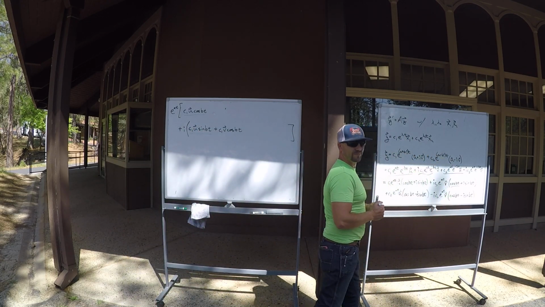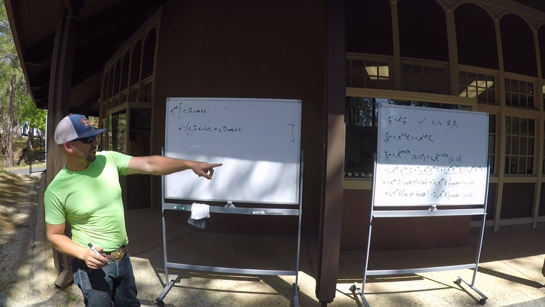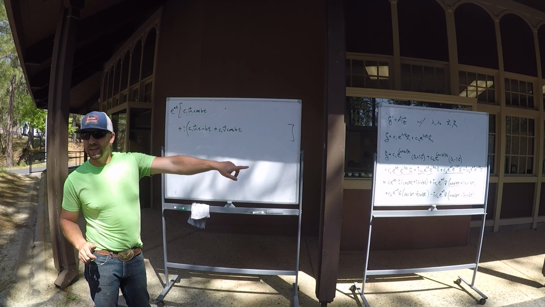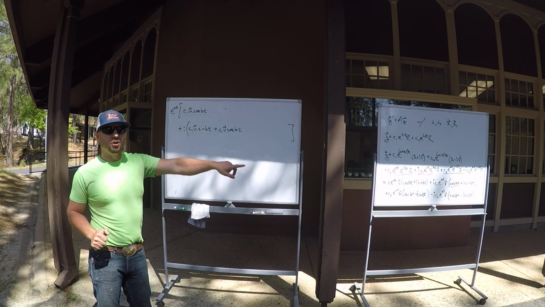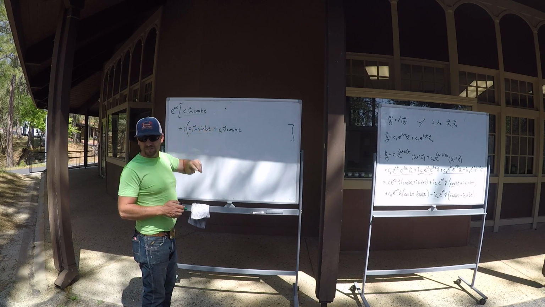Then the next one's going to get an i squared on it, so it ends up on the real side with a negative sign.